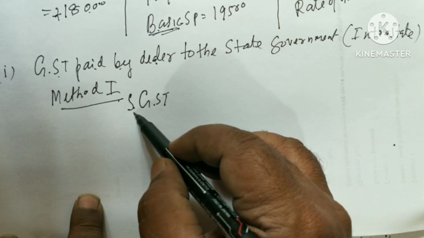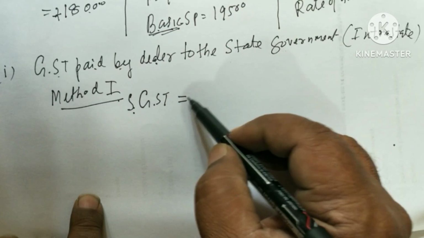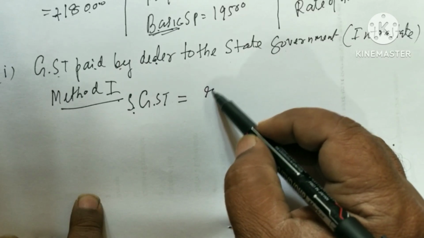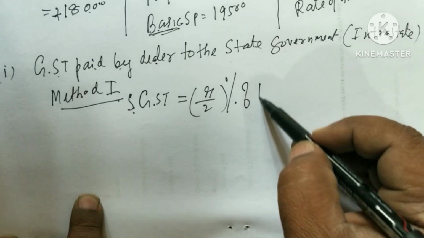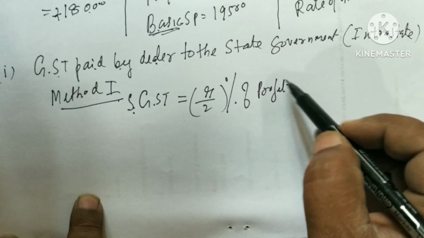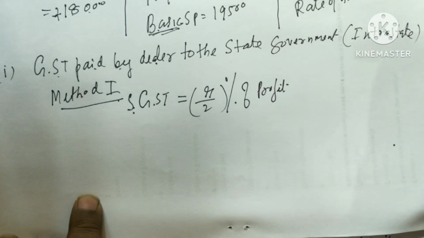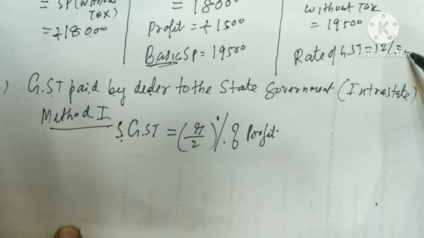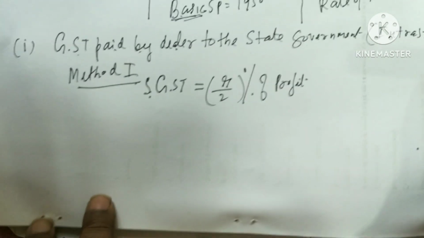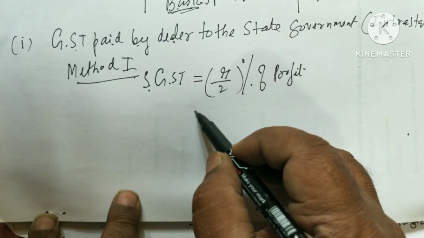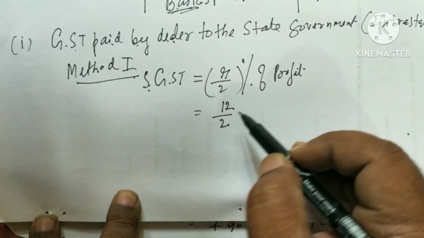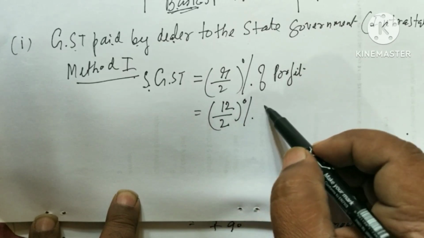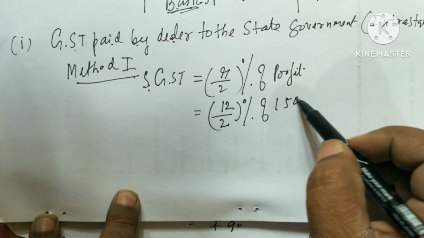Since it is intrastate, the formula is SGST, State Goods and Services Tax. The rate of GST will be halved, of profit. This is the rate of tax. So R is 12, so 12 by 2% of 1500.